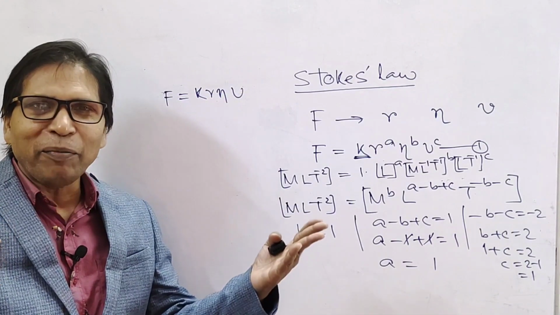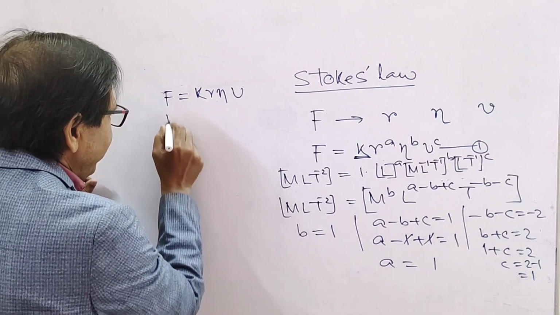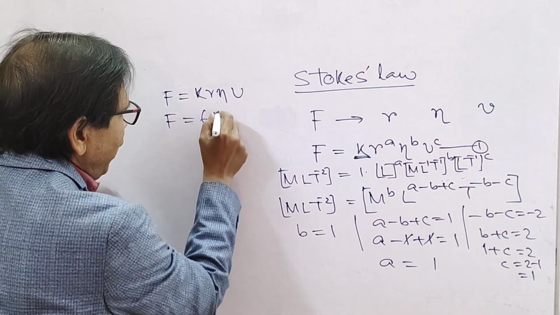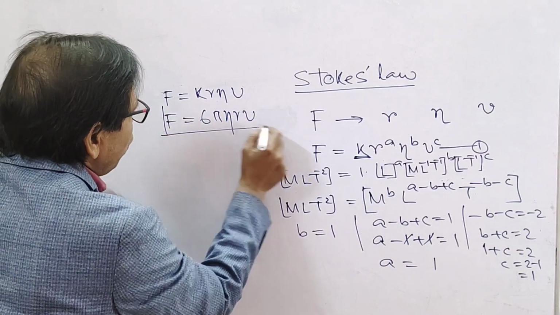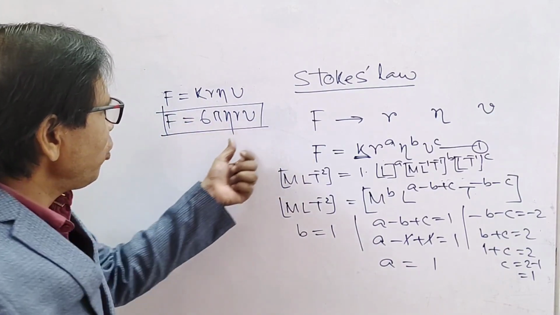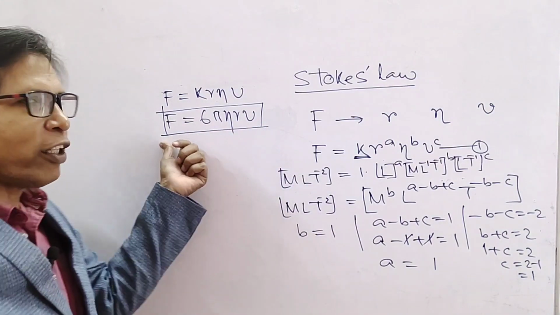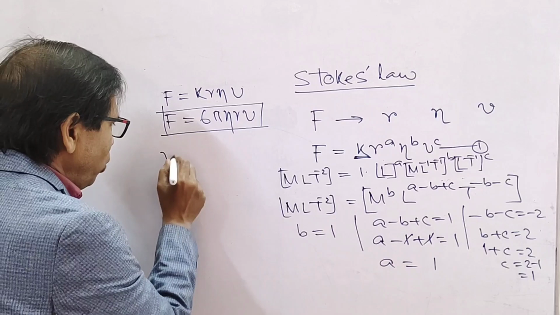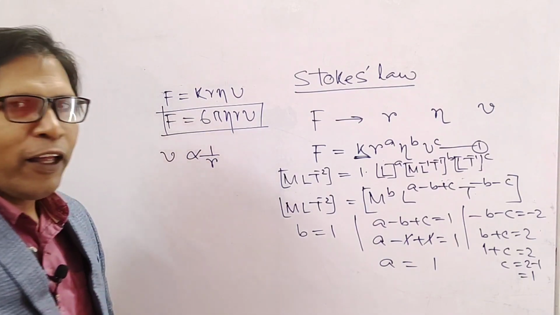The experimental value of K is 6 pi. So F equals 6 pi eta r v is the Stokes law. Now from this expression, if the weight of the body is constant, then terminal velocity v is inversely proportional to r.